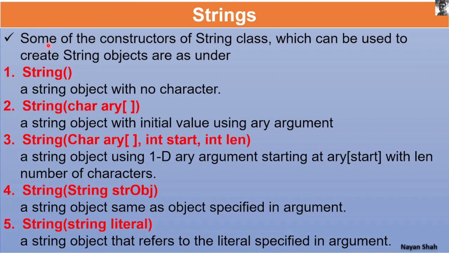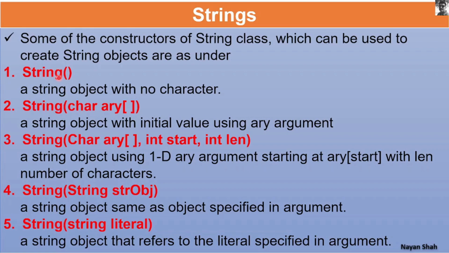But constructors are such methods where there is no return type. Nothing is written before it, directly the name of the constructor, and the name would be the same as the name of the class in which it is defined. So in the String class, there are these different methods that are called constructors.